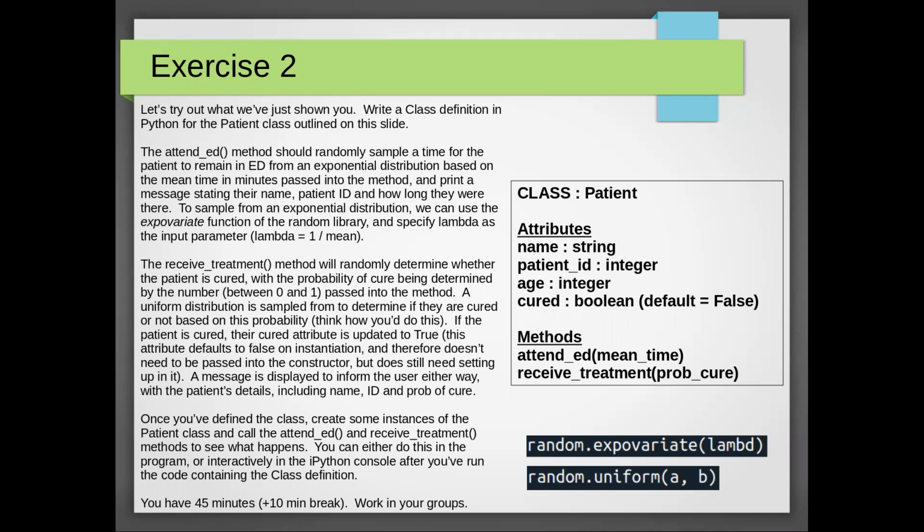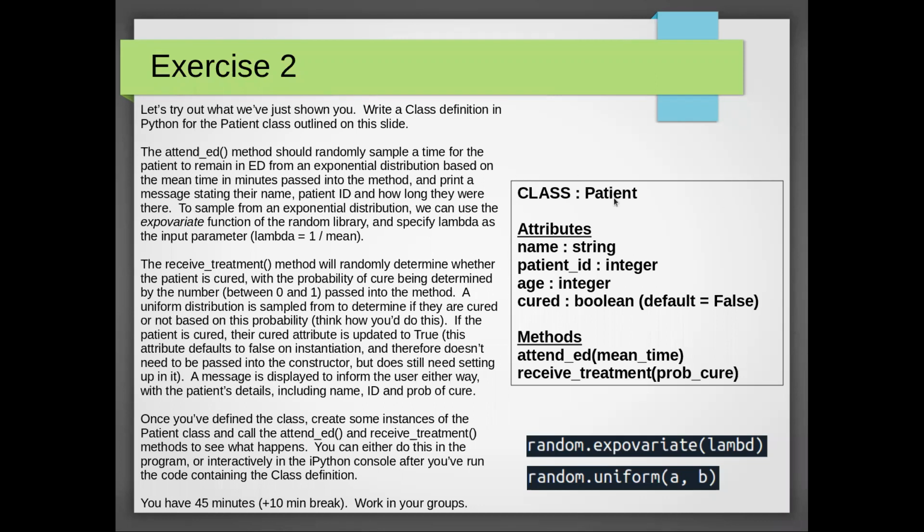In which case, let's get you practicing doing some object-oriented programming. So what I want you to do, and I want you to do this in your group, is write a class definition in Python for the patient class that's outlined on this slide.